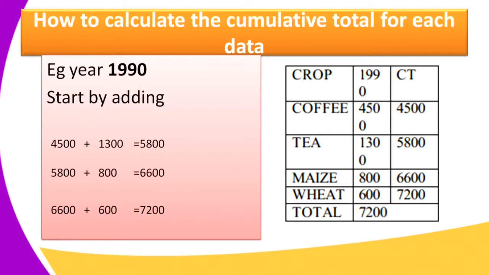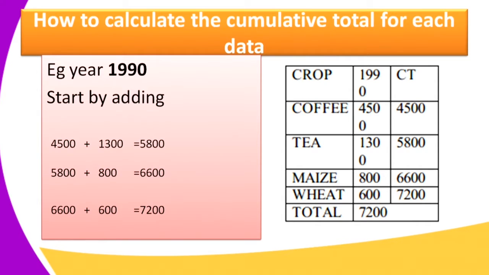On our figure on the left, using our example of 1990, we took 4,500. That was the first digit of coffee. So this 4,500 on the cumulative part of the diagram, we will put it as the first digit.